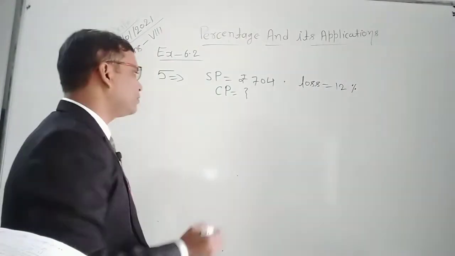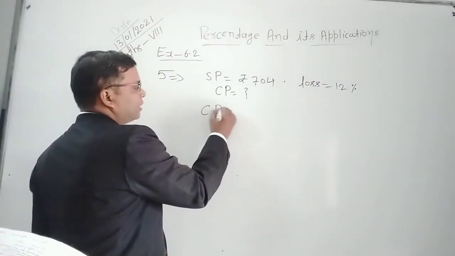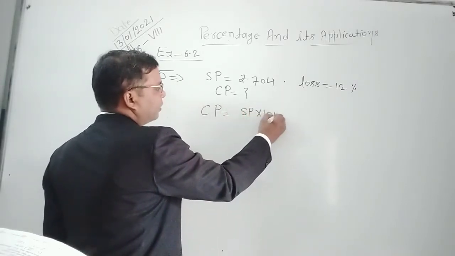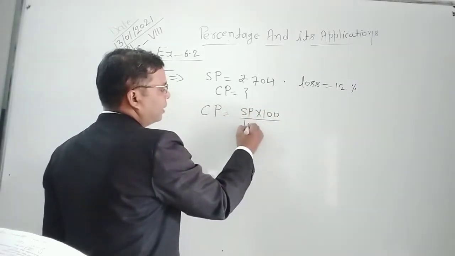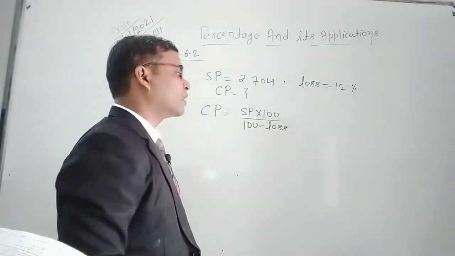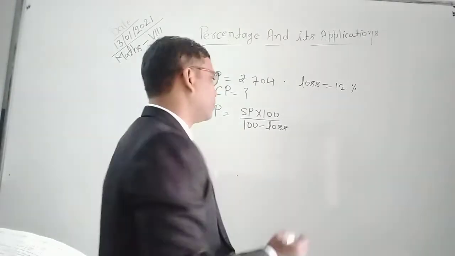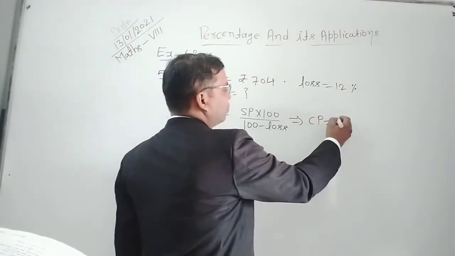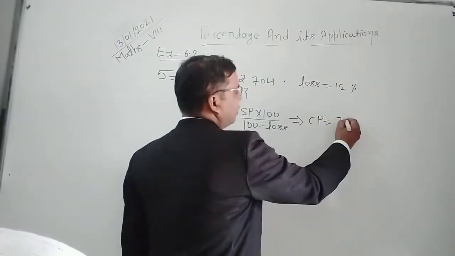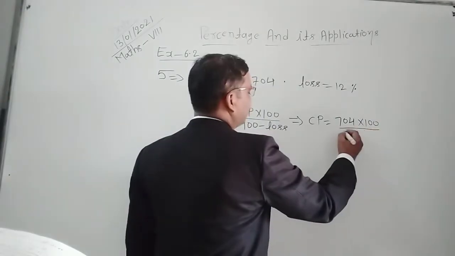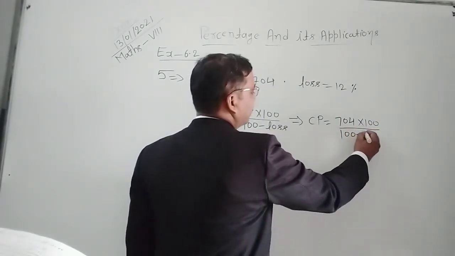So you know very well, CP, cost price, is equal to what? SP into 100 by 100 minus loss. We use this formula to find cost price of the bag. Okay. So for this, cost price is equal to SP, given here 704, into 100 divided by 100 minus 12%.